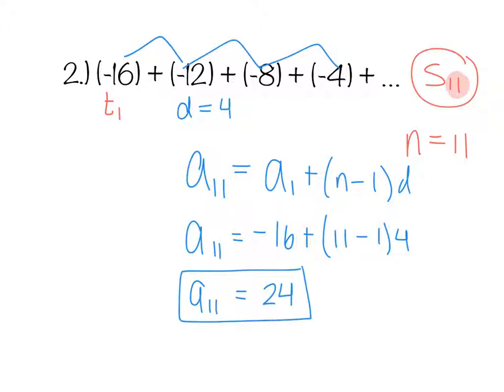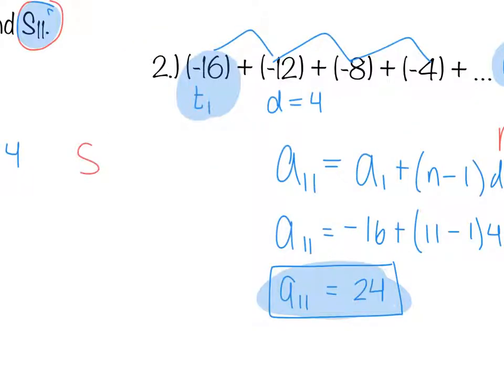Now that I know the first term, last term, and the total number of terms, I can figure out the sum. And so that's what I'm going to do. So let's find the sum.